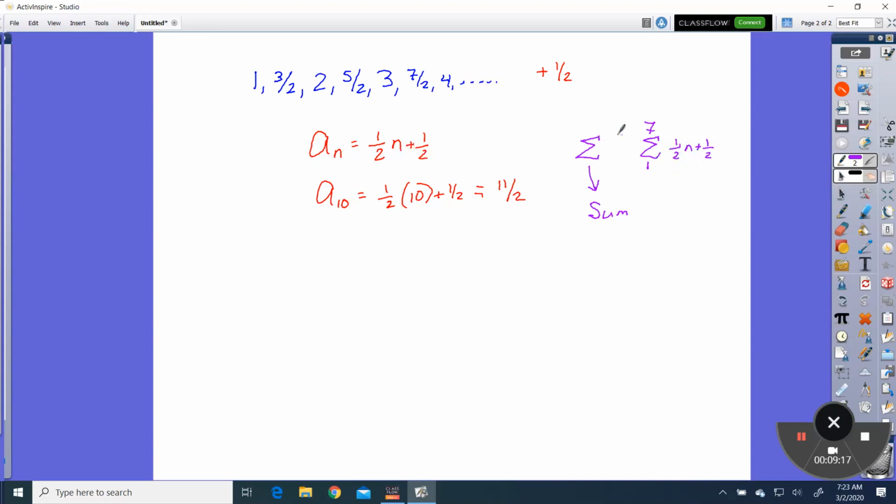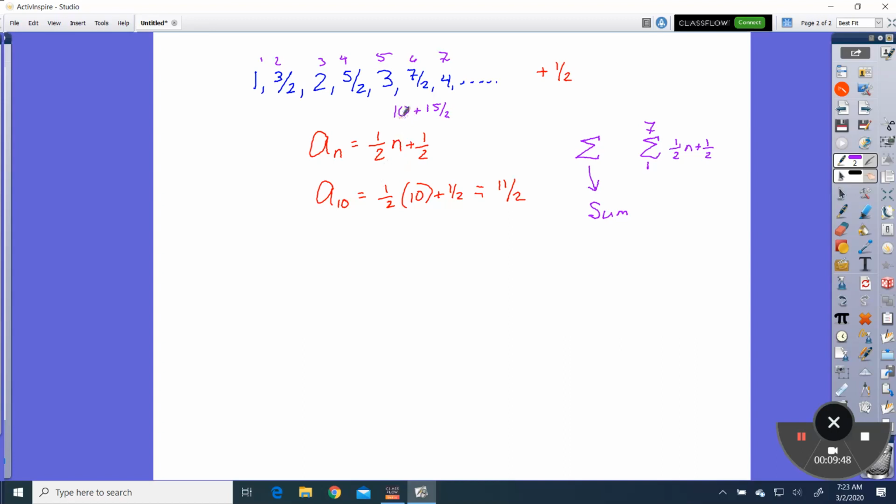You're going to generate the first 7 terms, then add them all together, which 1, 2, 3, 4, 5, 6, 7. It's already done for you. You're going to add them all together. So 1 plus 2 is 3, plus 3 more is 6, plus 4 more is 10. So that's all the whole numbers. And then 3 halves and 5 halves is 8 halves, plus another 7 makes 15 halves.